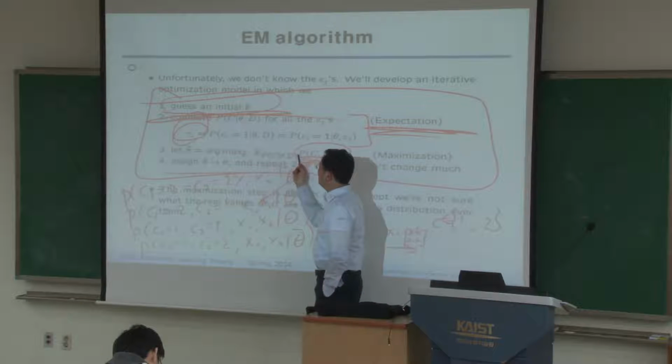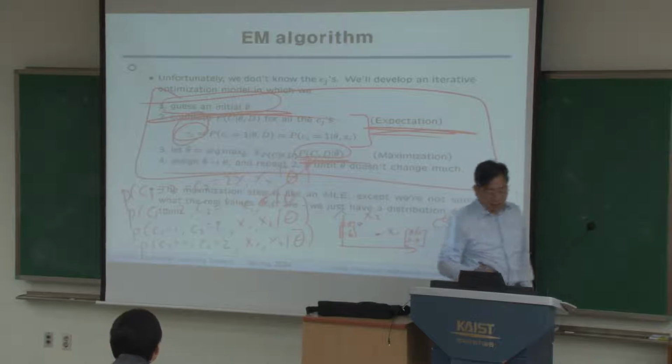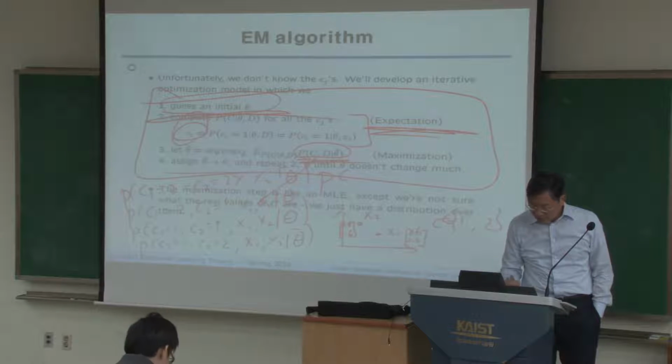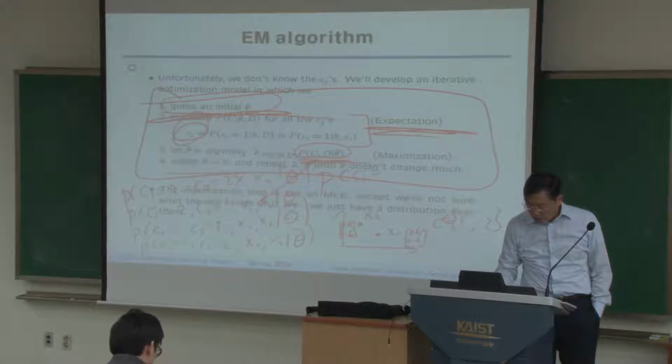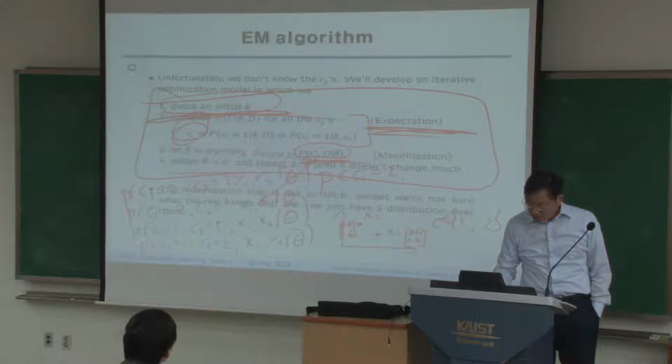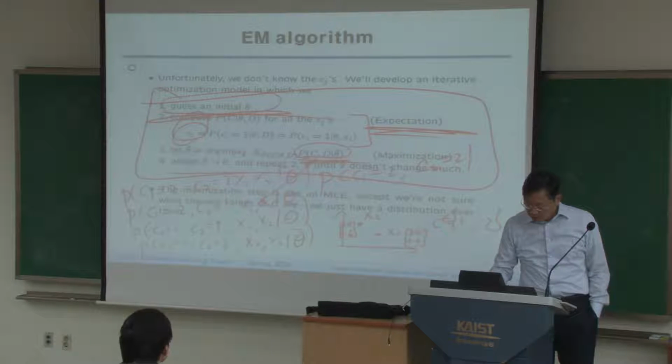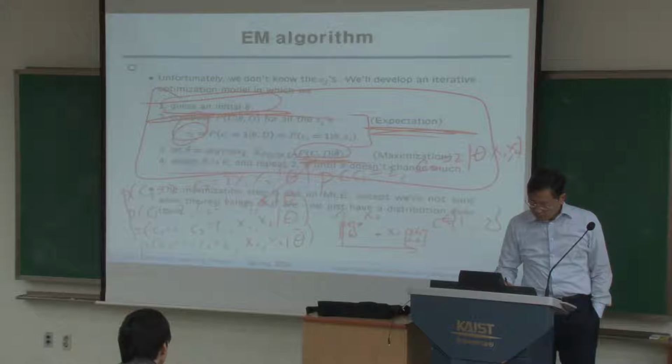We also have this probability. So what is the probability of C1 equal 2 times probability C2 equal 2 given theta and x1, and so forth right here.